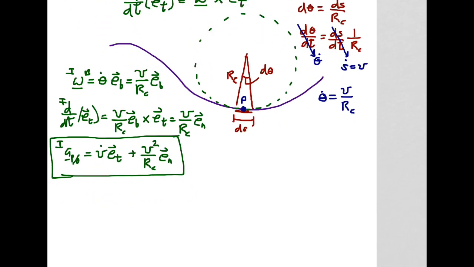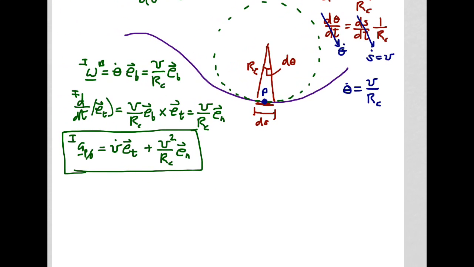Now we've already spent some time looking in the polar frame at several different quantities that you should recognize here. So for instance, if we look at v dot in the tangential direction, this is actually equivalent to what would be a radius of curvature multiplied times theta double dot.